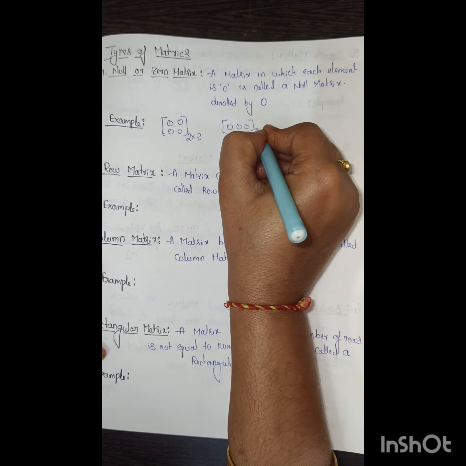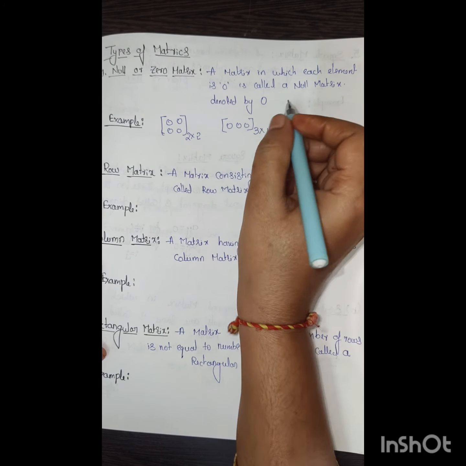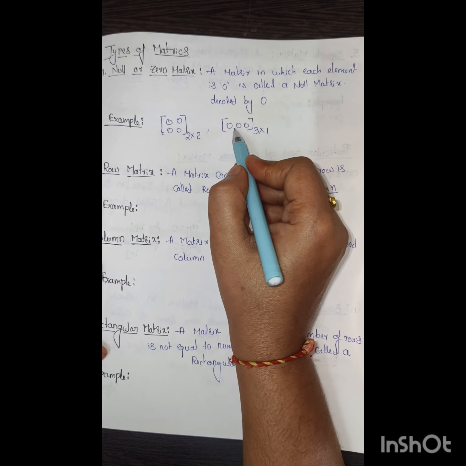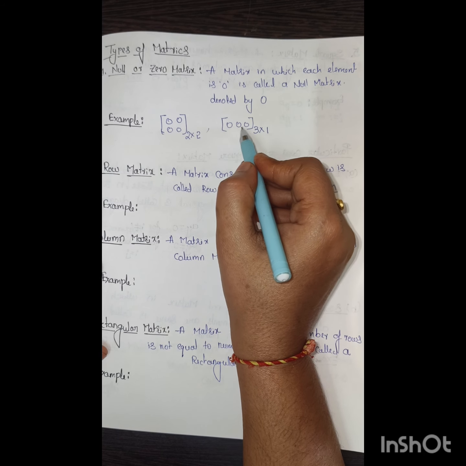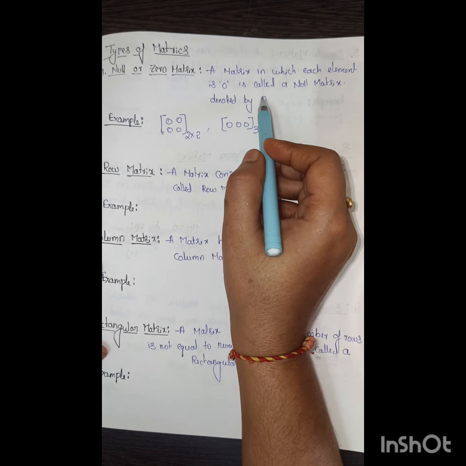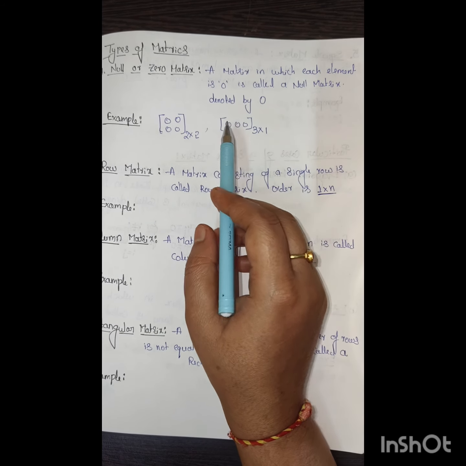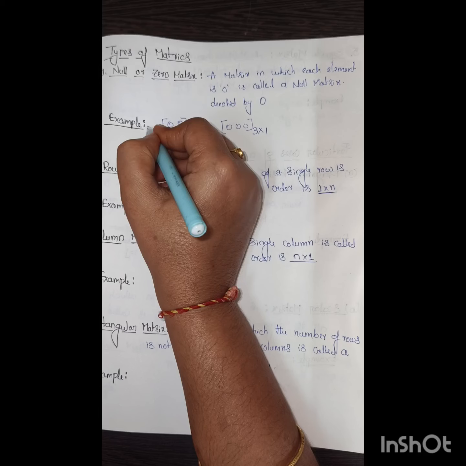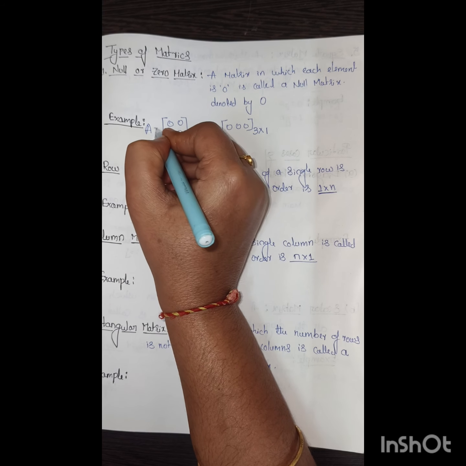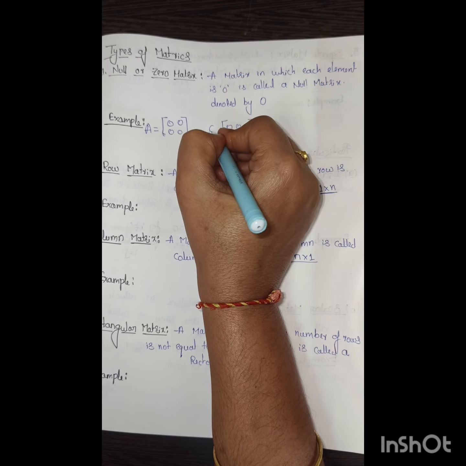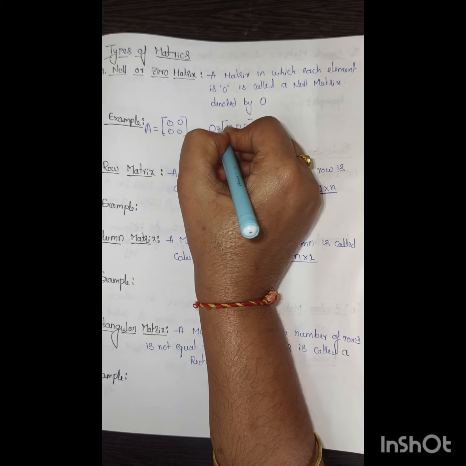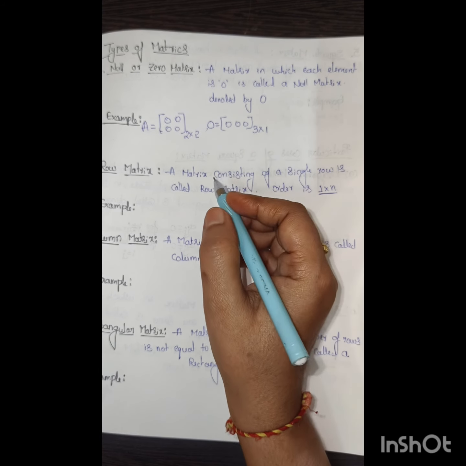This is a 3 by 1 matrix, and it is also a null matrix. Each element of the matrix is equal to 0, and it's denoted by the capital letter O. Another thing, matrices are denoted by capital letters of the English alphabet. If it is a null matrix, it is usually denoted by the letter O.